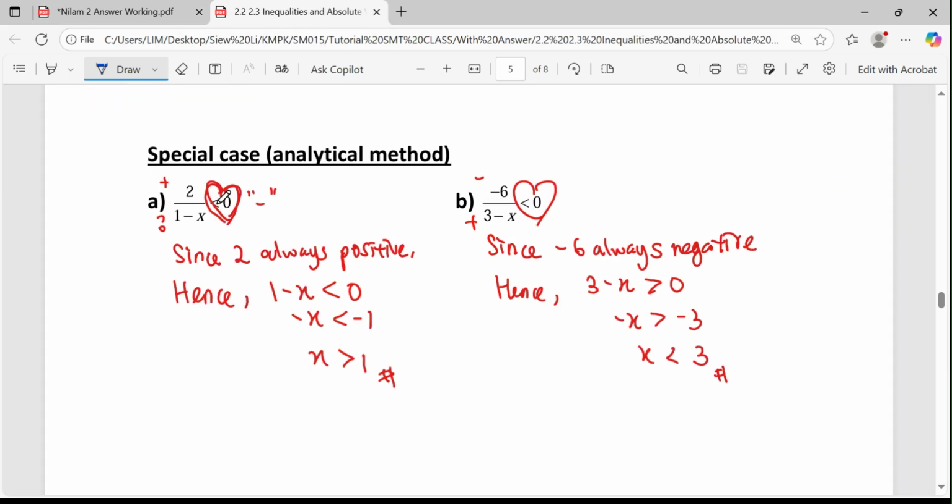So if your numerator is positive and you don't know the denominator, to make your fraction negative, your denominator has to become negative. Then only can you find the region where, as long as x is more than 1, your fraction will be negative.